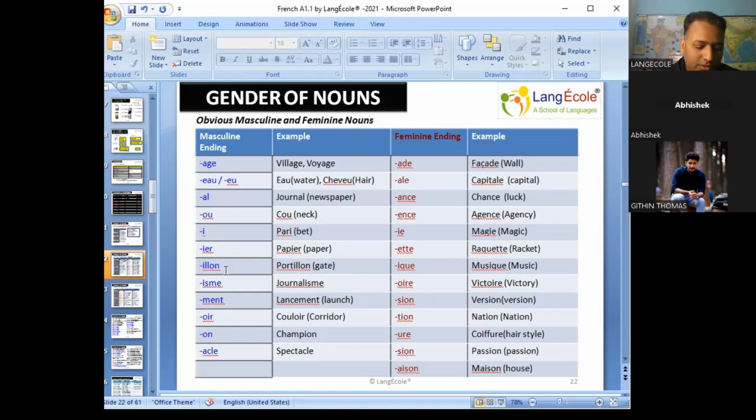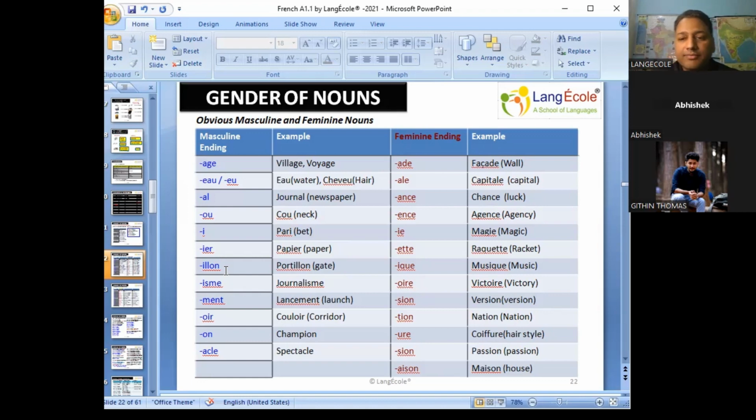So these MENT ending words are masculine words. Then we have OIR ending, ON ending, or ACLE ending, spectacle. These are again masculine ending nouns.